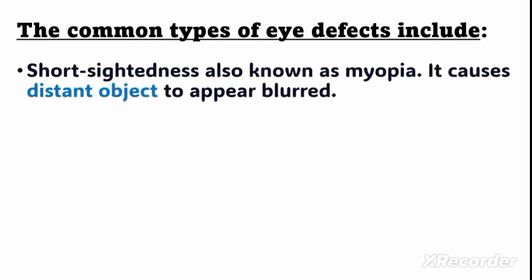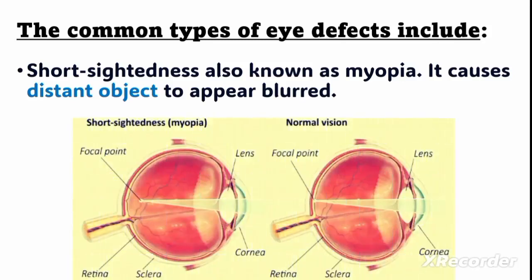Let us start with short-sightedness, also known as myopia. It causes distant objects to appear blurred. So why do distant objects appear blurred? The focal point forms in the middle of the eye. The focal point is supposed to form on the retina, but we can see that the focal point has formed in the middle of the eye.